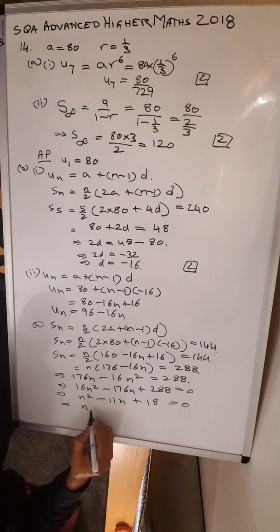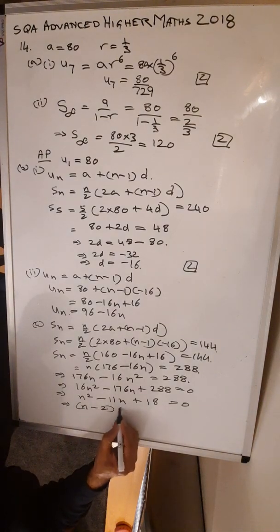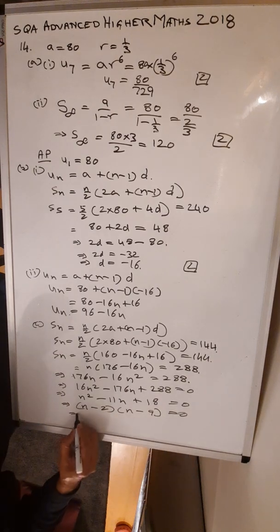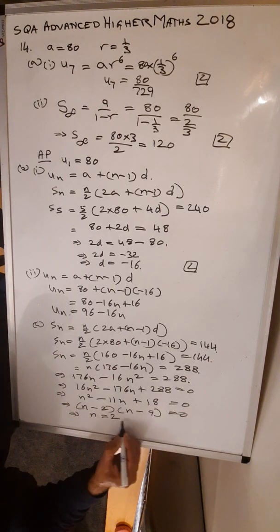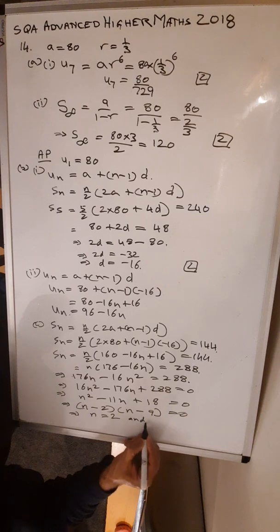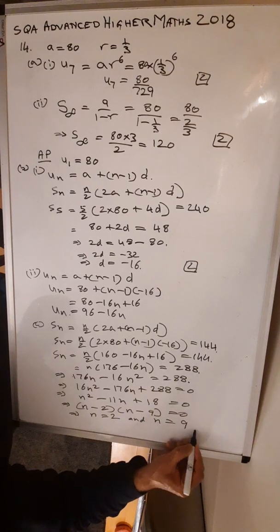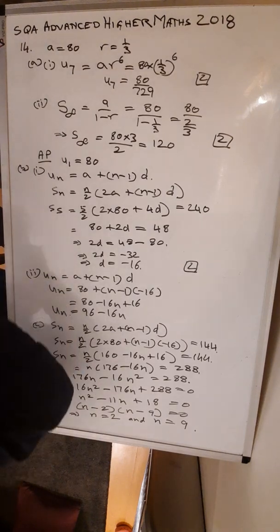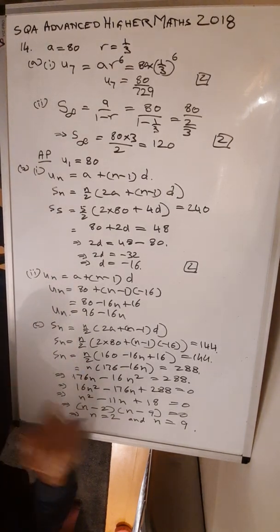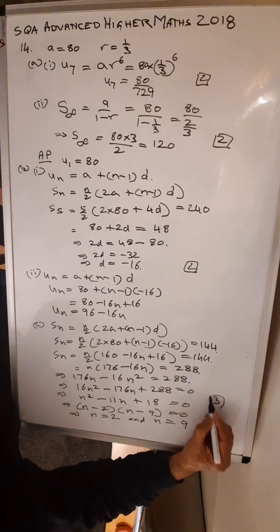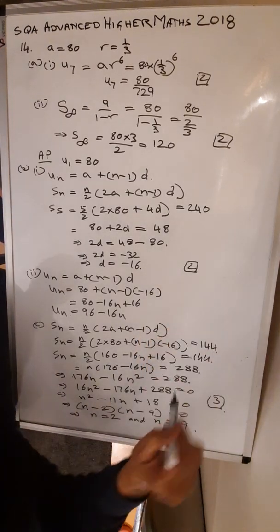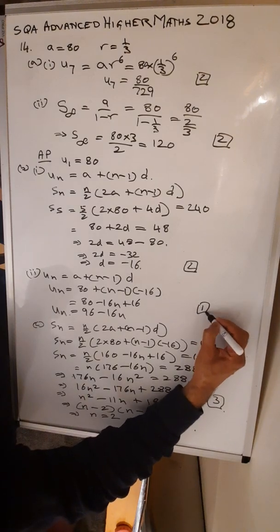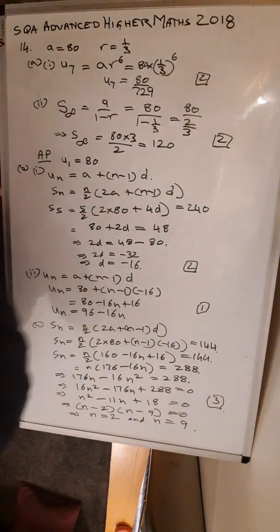Factorizing this gives you n minus 2 times n minus 9 equals 0, which implies that n is equal to 2 and n is equal to 9. And this last bit is for 3 marks. This was for 1 mark. So there's a total of 10 marks for this question.